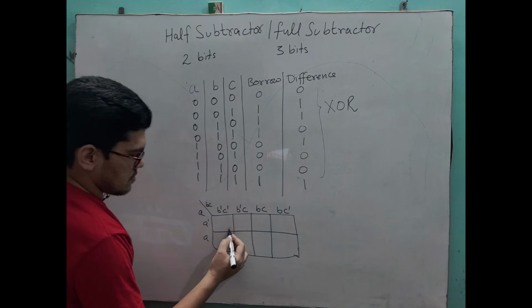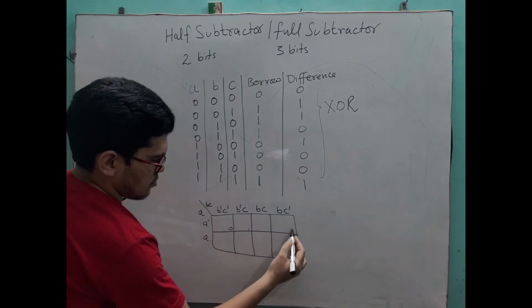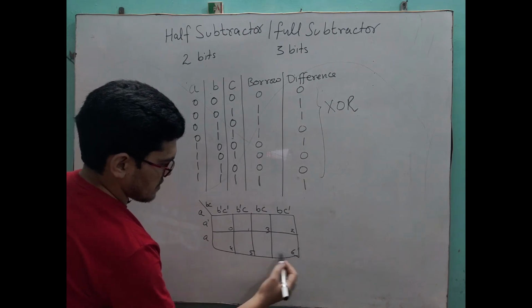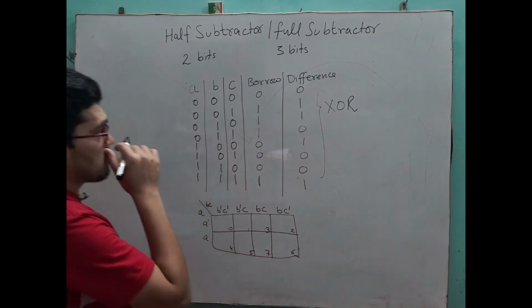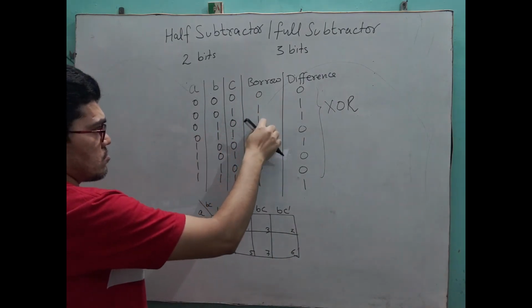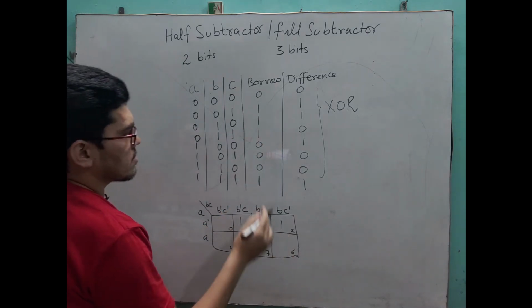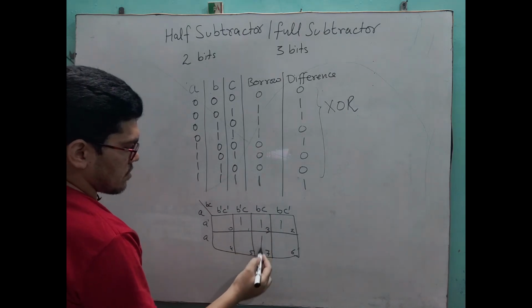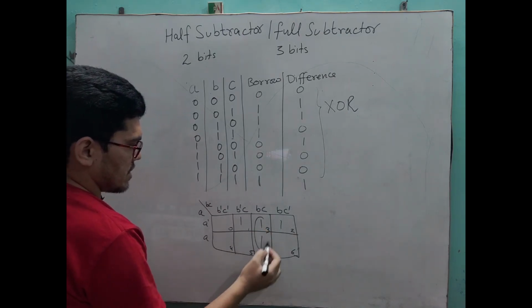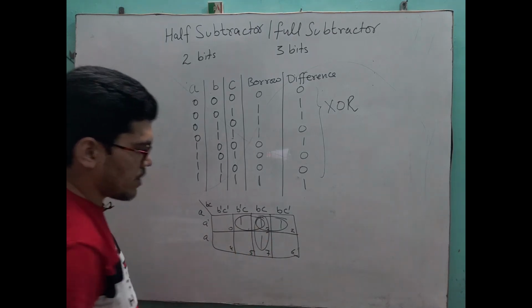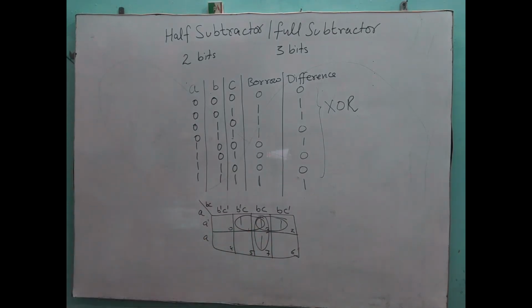So 0, 1, 2, 3, 4, 5, 6, 7. Okay, 0, 1, 2, 3, 1, 2, 3, then 7. Okay, so these two will make a pair, these two and these two. So how many pairs are there? There are 3 pairs.